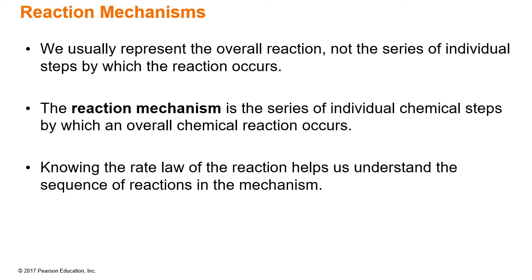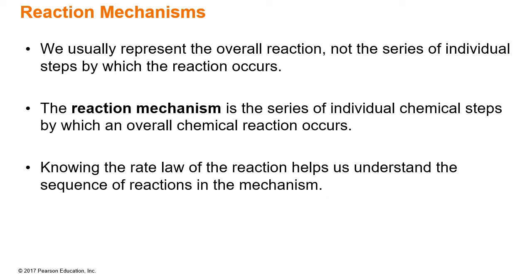Typically, when we write a chemical reaction, we're looking at the reactants that we need and the products that are formed. But there is a larger story going on. There's typically a series of smaller steps that happen in order to make the products.